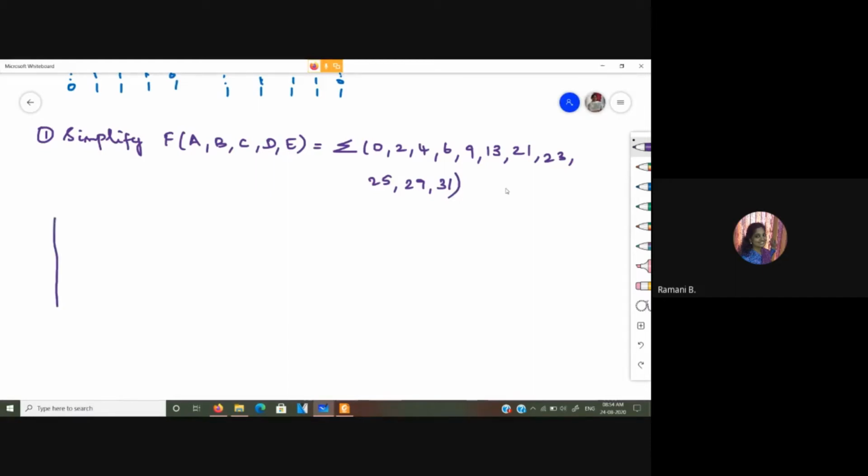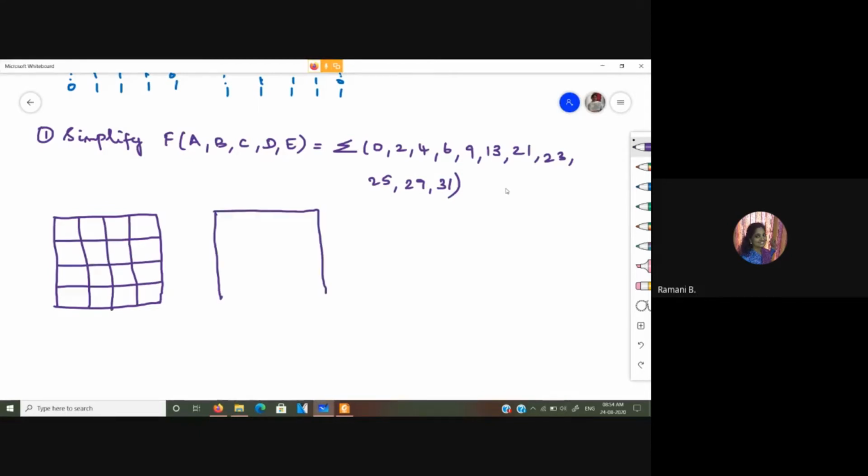With the first method, that is having 4 variable K maps, this K map method will be somewhat easier only till this 5 variable K map. As we increase the variables, it gets complicated. That's the reason why the tabulation method came in, because that is an algorithmic procedure. Even though the method is long, the procedure seems to be simple compared to this one.